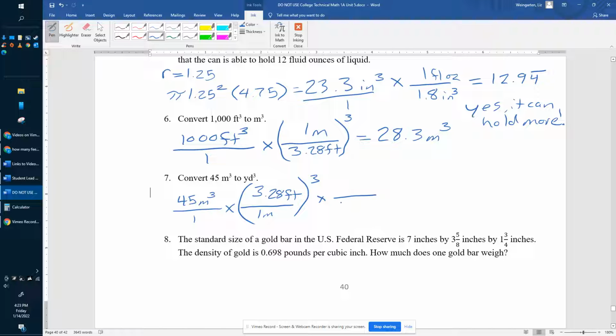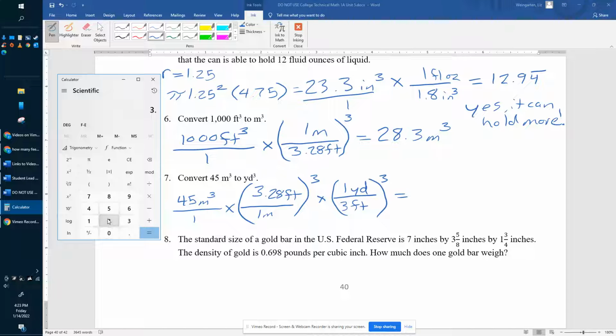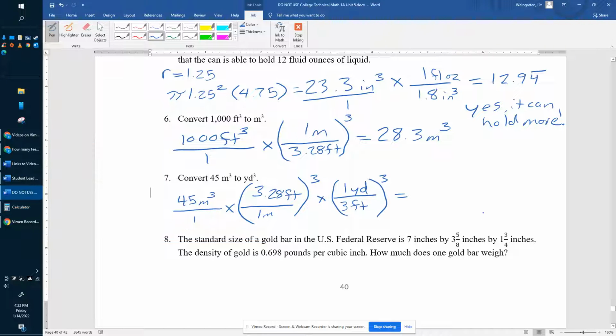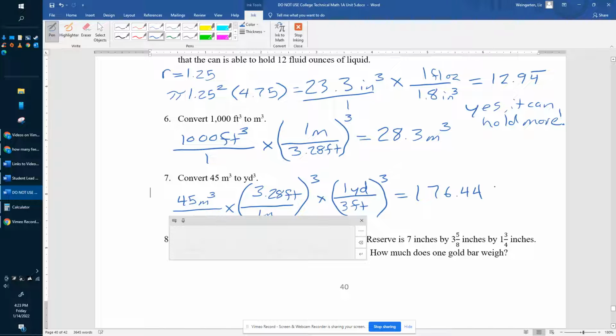So we need feet on the bottom, 3 feet in 1 yard. We'll cube this as well. So let's figure that out. 3.28 cubed times 45 divided by 9. 176.44 cubic yards.